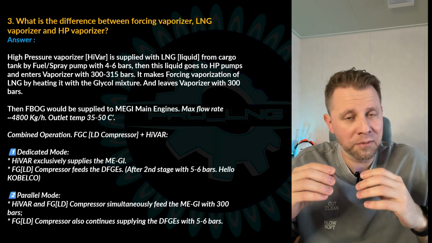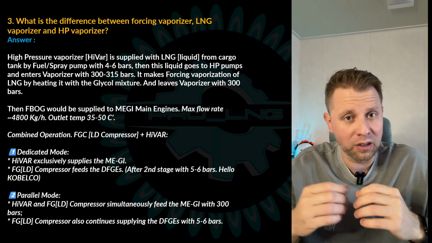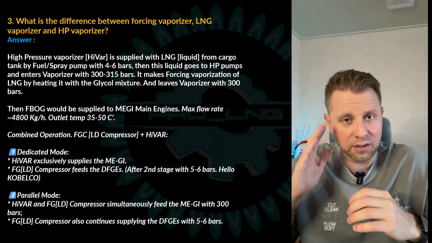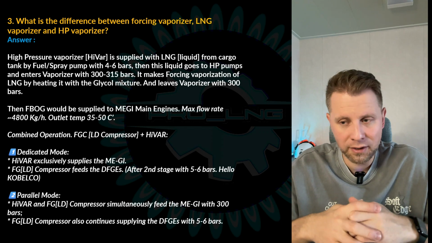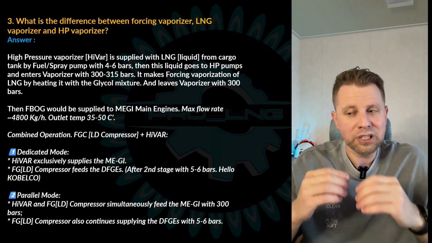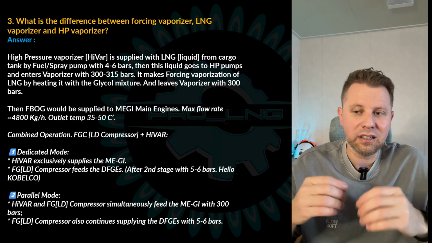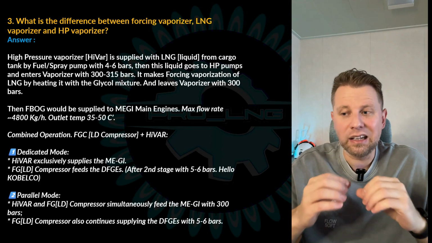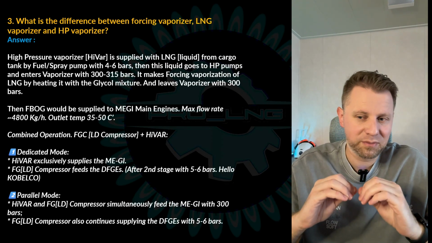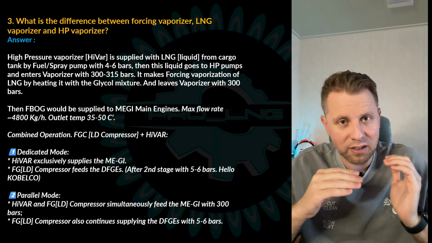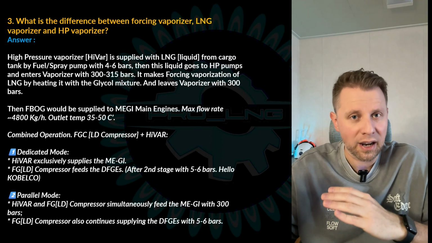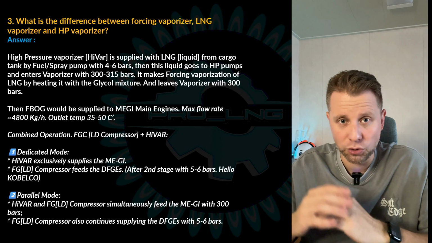If it's, let's say, a very large ton carrier, they can give up to 380 bars. It forces vaporization of LNG by heating it with glycol mixture and leaves the vaporizer at 300 bars. Then this 300 bars goes directly to your MAGI engines.